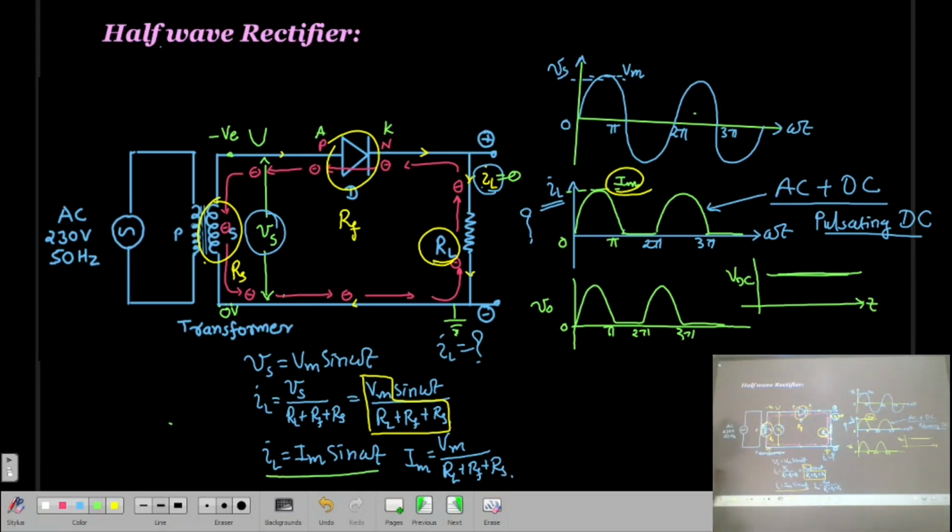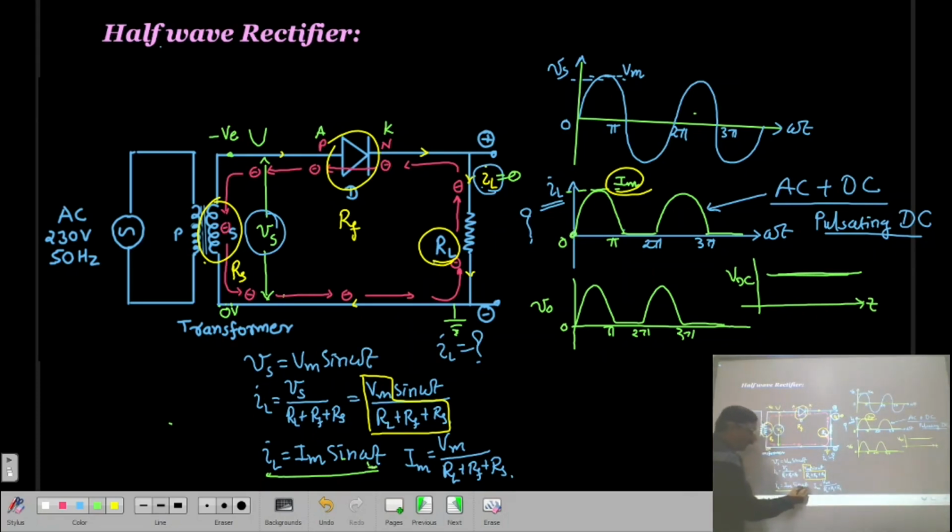But is it valid or not? How will you verify? So if you put different values of omega t and see whether that is correct or not. So here, if omega t is 0, then what is the value of sin 0? So sin 0 will be load current 0. So here we have this point, it is 0. That is correct.